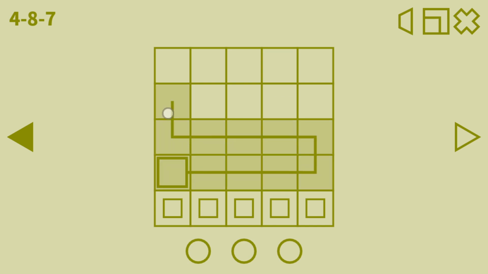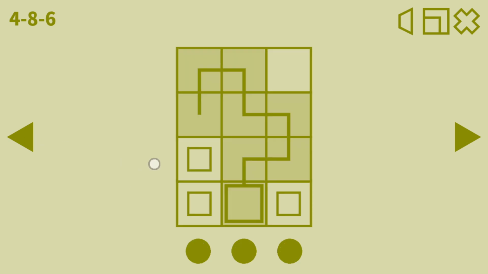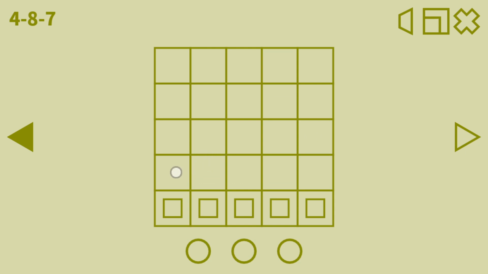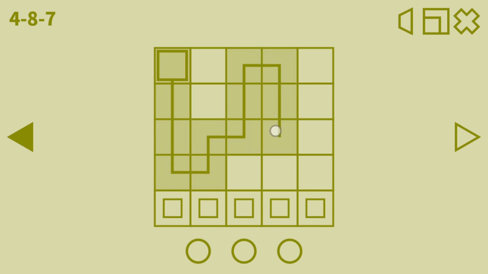Interesting. What if it's just this? So 1 and 1 add up to 2. I get it, okay? So 2 and 3 add up to 5.